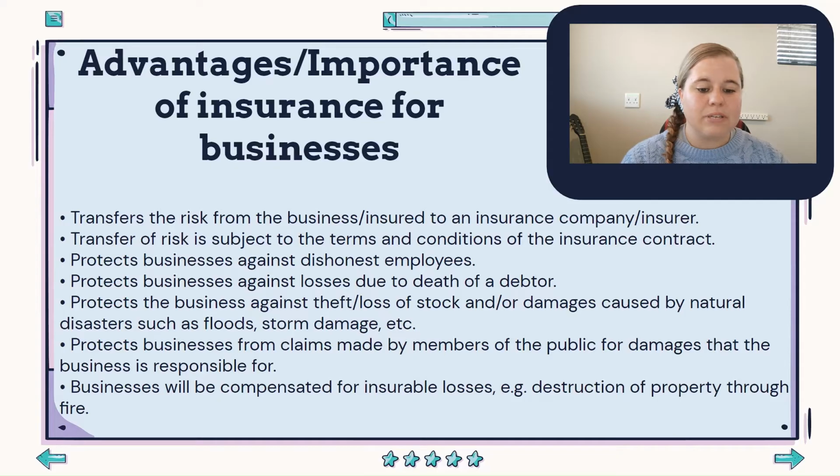It protects the business against theft, loss of stock, and or damages caused by natural disasters such as floods and storm damage. It protects businesses from claims made by members of the public for damages that the business is responsible for. Businesses will be compensated for insurable losses, such as destruction of property through fire.